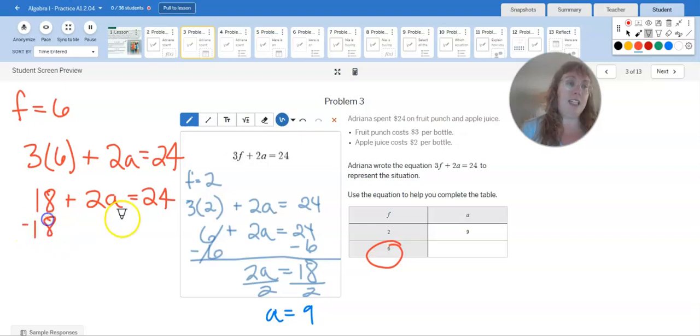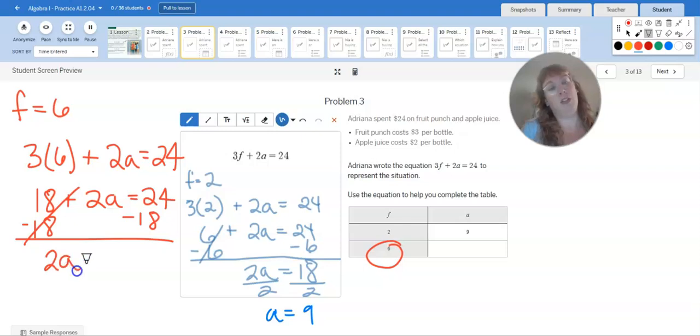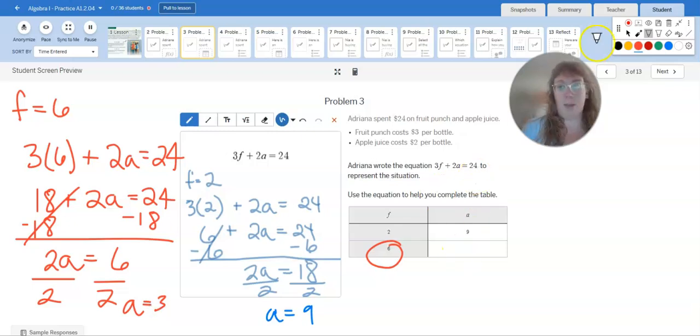Let's subtract 18 to see how much money is left for the apple juice. 2 times a equals 6, right? Yeah. And then divide by 2, which means we can get 3 apple juice, which makes sense. We got more fruit punch than last time, so it's going to be less apple juice. Beautiful. Push ahead to the next slide when you're ready.